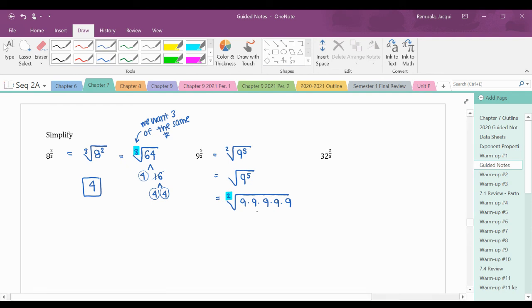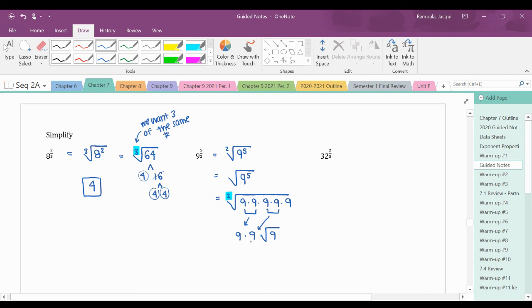So without me actually multiplying all of those 9s together, let's look at this. Here is a pair of the same number. Here is another pair of the same number. When I have 2 of the same number, they end up moving outside of the radical. So I'm going to have a 9, not once, but twice outside. There is still a single 9 that is left over underneath that radical.